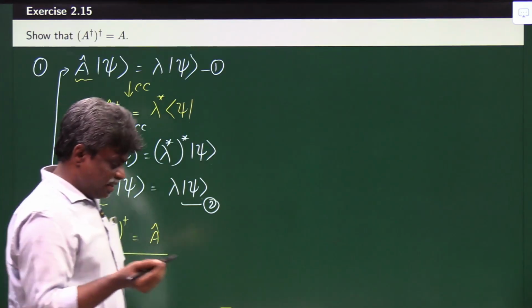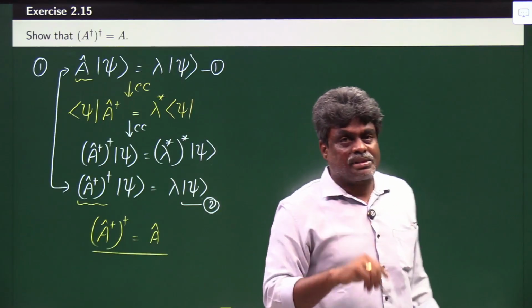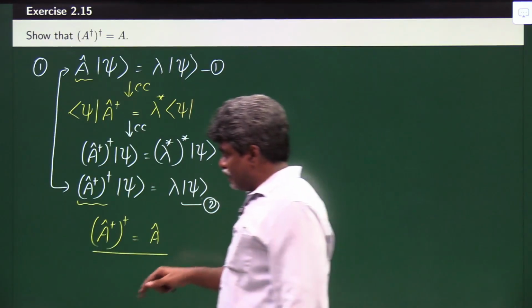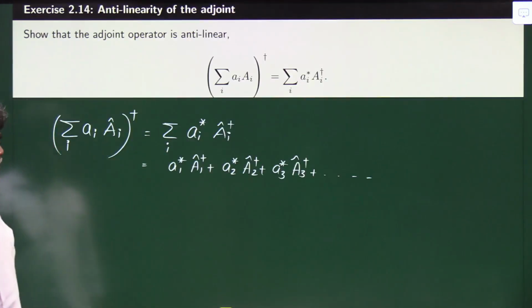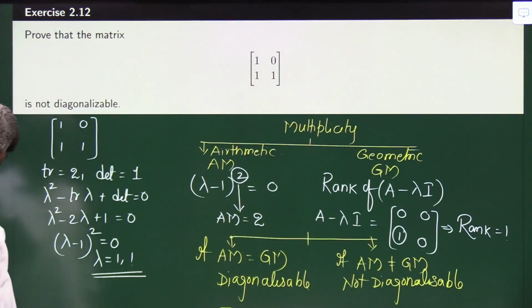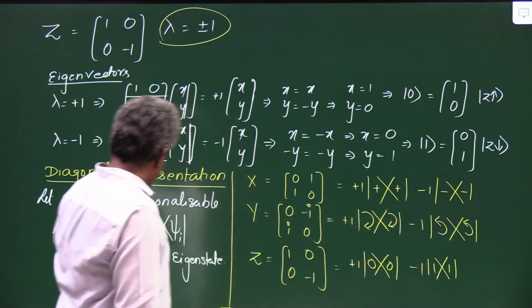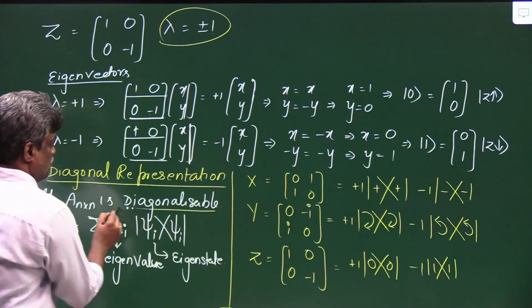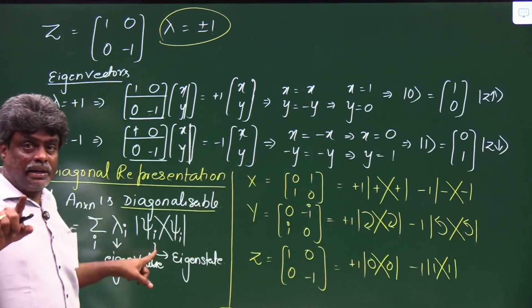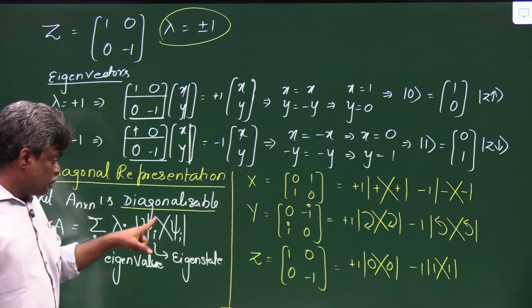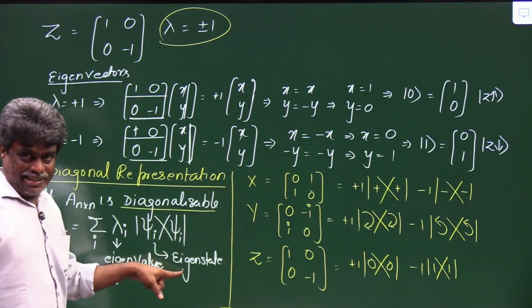Let us do it in another way also. Earlier we have discussed one concept called diagonalizable form, something like Pauli matrices diagonalizable form. So if the matrix is diagonalizable, we can write it as a linear combination of outer products corresponding to the eigenstates.